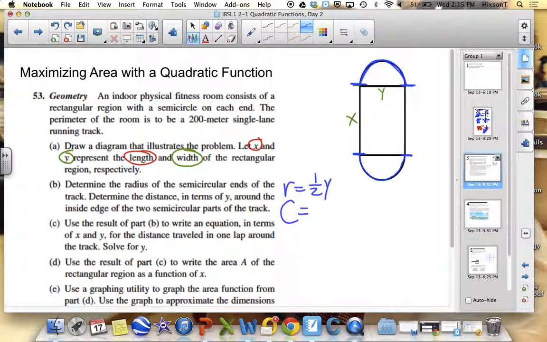Pi d. Pi times the diameter, or 2 pi r. Either way, when you plug in 1/2 y for r, or y for d, you get pi y. Alright, pi y. It's going to be a trend.